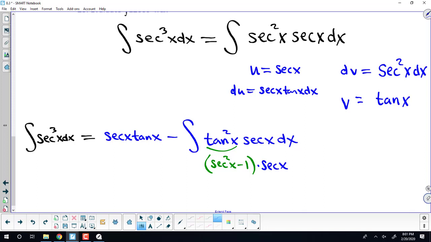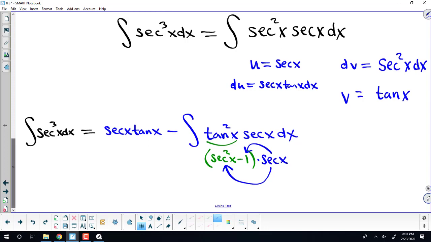Notice what that's going to do. I'm going to have the antiderivative of a secant cubed on this side. I've got a secant cubed on this side. The other factor is, can I find the antiderivative of secant? Yeah, I can do that.